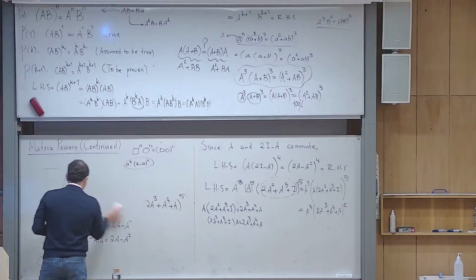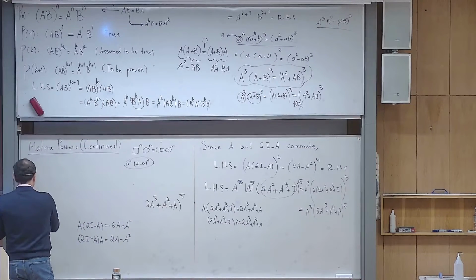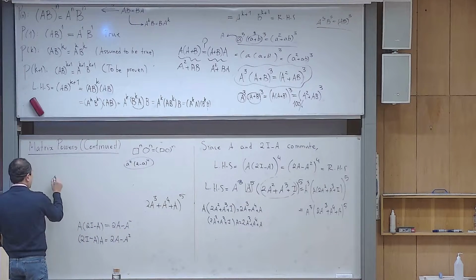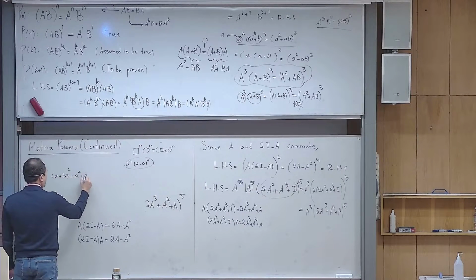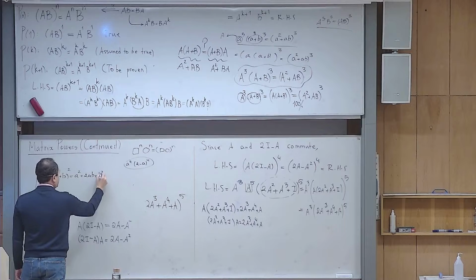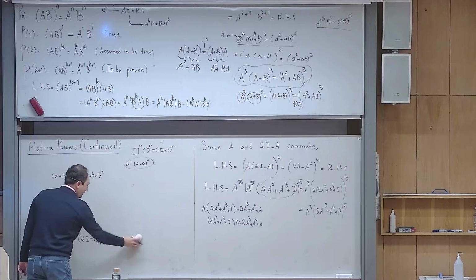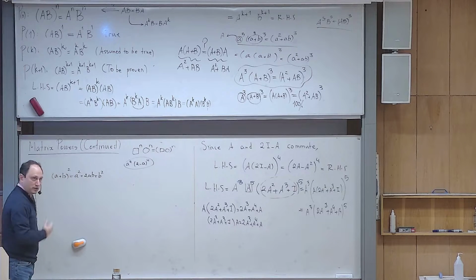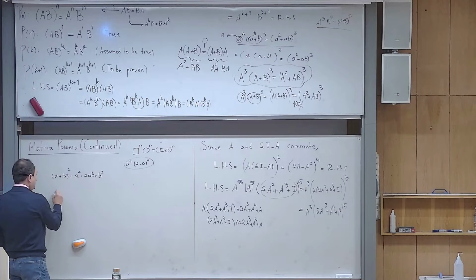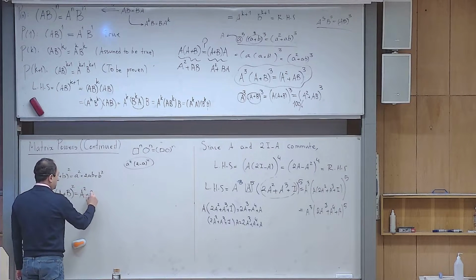For example, if I give you numbers, (a plus b) to the power 2, you can write a squared plus 2ab plus b squared. It is very useful if I can use the same identities with matrices, because I can save a lot of time, yes? So my question is, do you think that in general, I can use this for matrices as well?